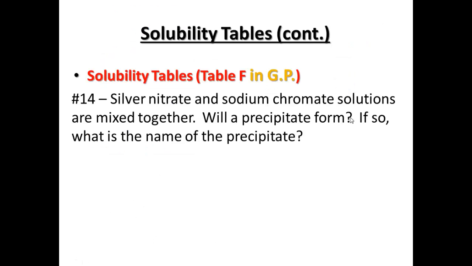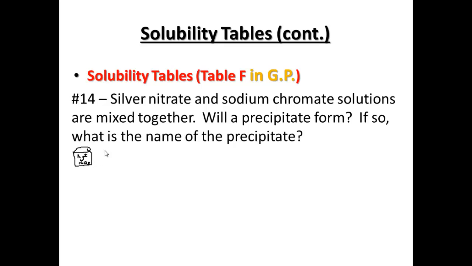Now, let's go through a quick example. So silver nitrate and sodium chromate solutions are mixed together. So we have two different beakers, one with silver nitrate, which is soluble, so we have Ag+ ions floating around, and nitrate ions, and they're completely aqueous.